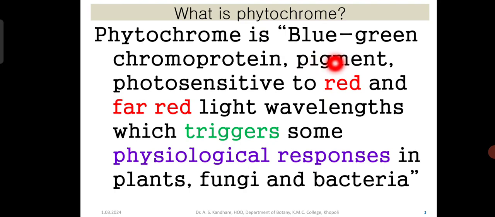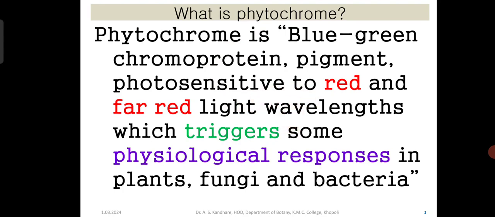It is actually a pigment and it is photosensitive, especially to the red and far red light wavelengths. When this phytochrome absorbs these special red and far red light wavelengths, it triggers some physiological responses, and these physiological responses are very important in plants.